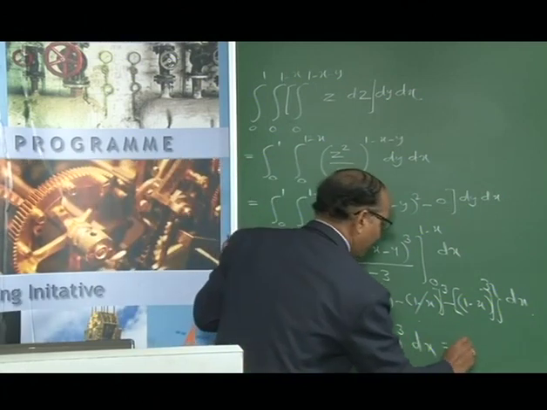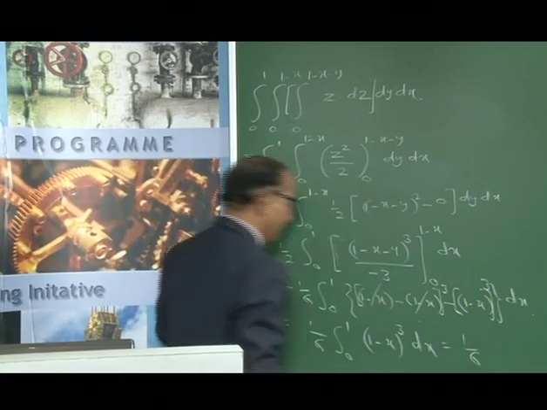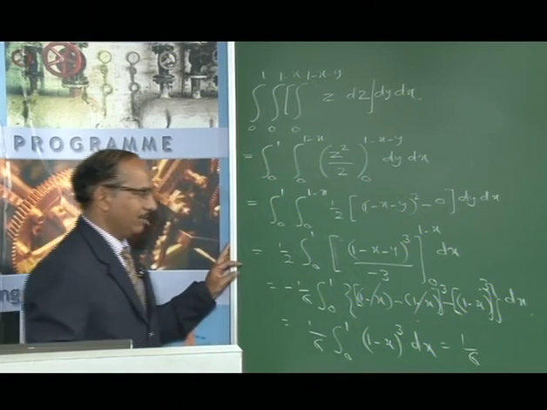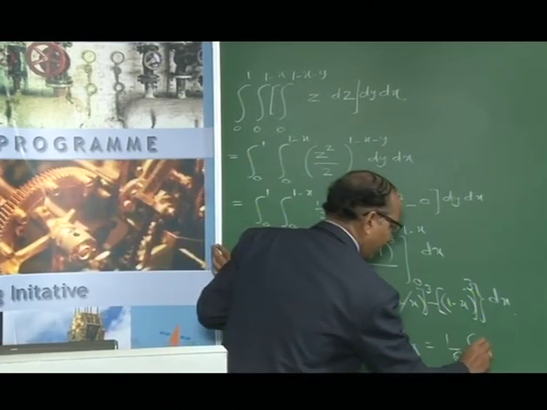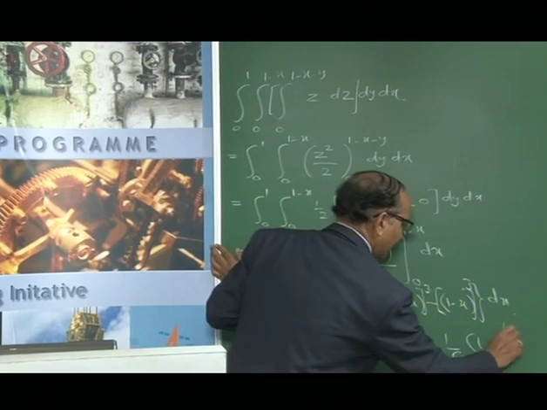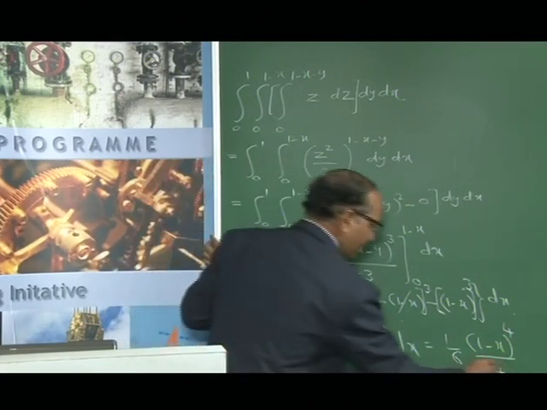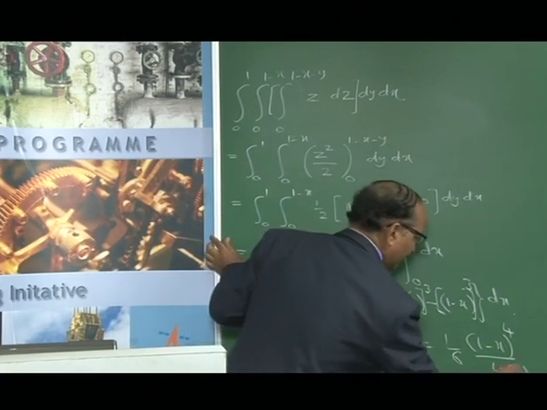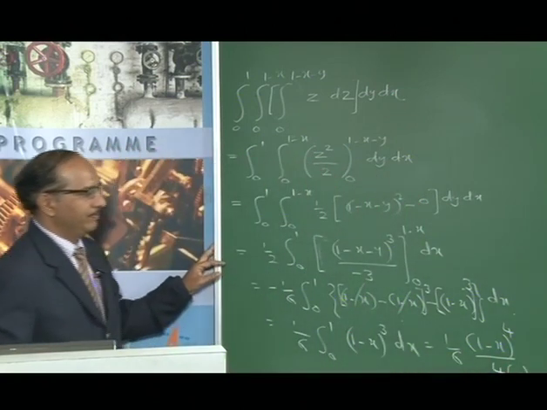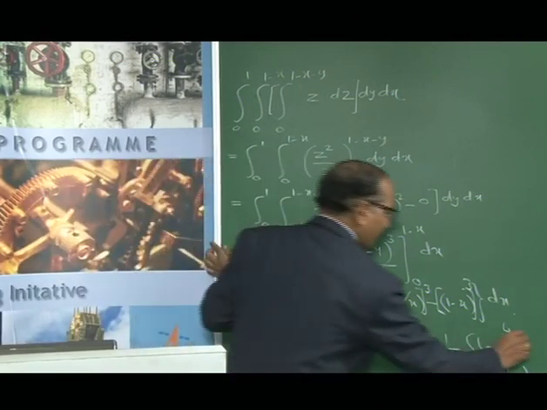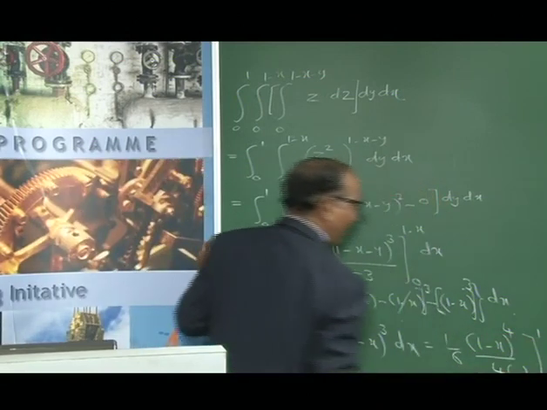Lastly, 1 upon 6, what is the integration of 1 minus x to the power 3? It is 1 minus x to the power 4 divided by 4. Again, the denominator is multiplied by the coefficient of x. Coefficient of x is minus 1. So, 4 into minus 1, put the limits 0 to 1.